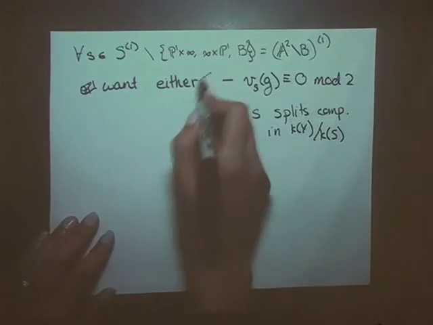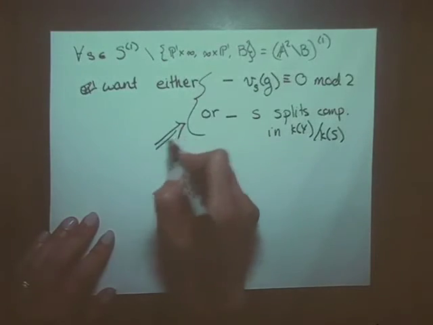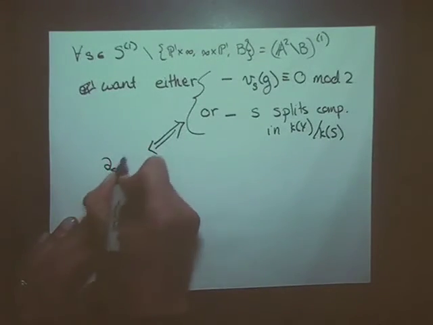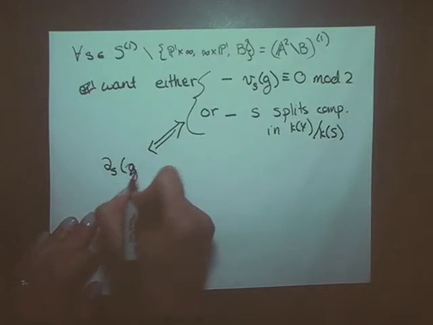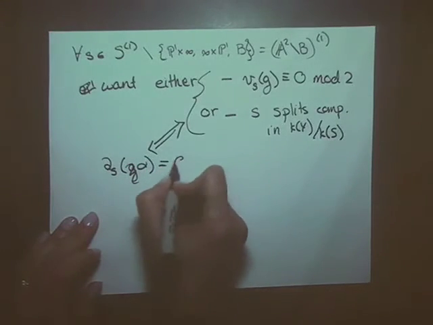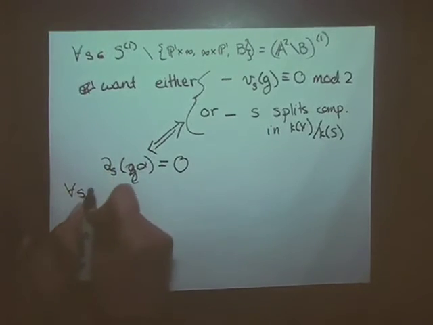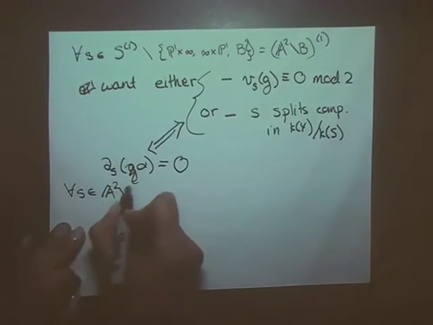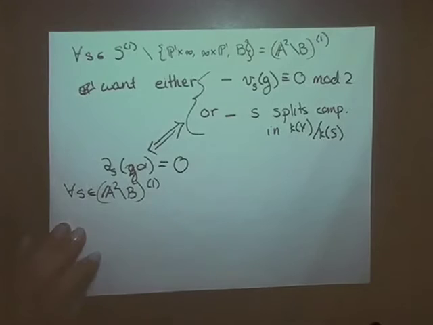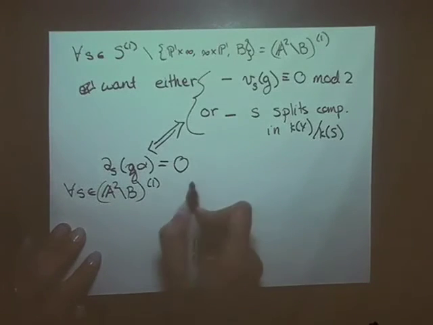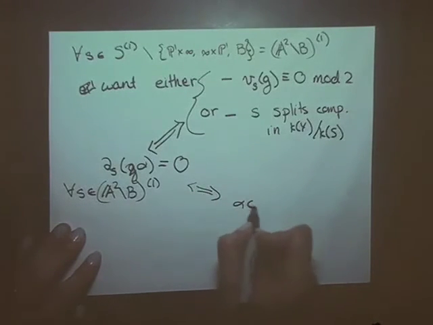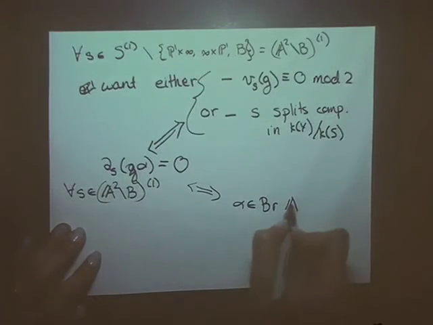So these 2 conditions hold if and only if the residue at S of alpha is equal to 0. And remember, we want this for all codimension 1 points S in A2 minus B. And this happens if and only if alpha is in the Brauer group of A2 minus B.